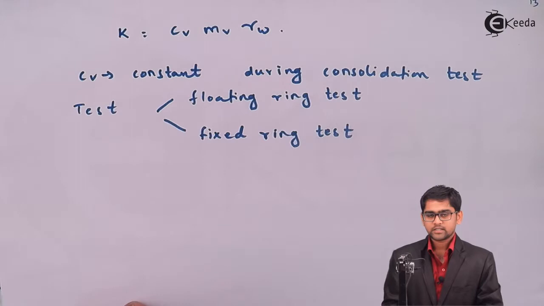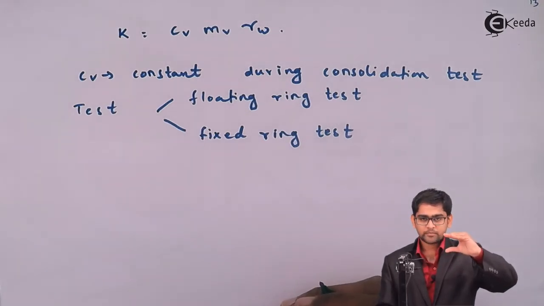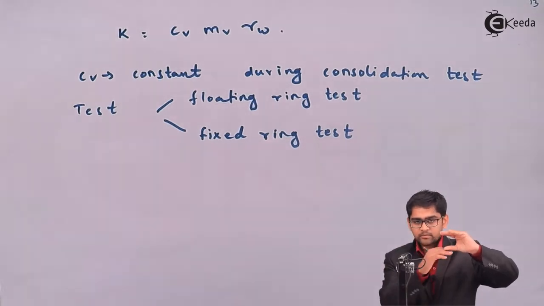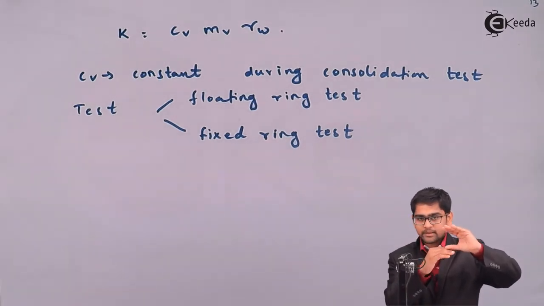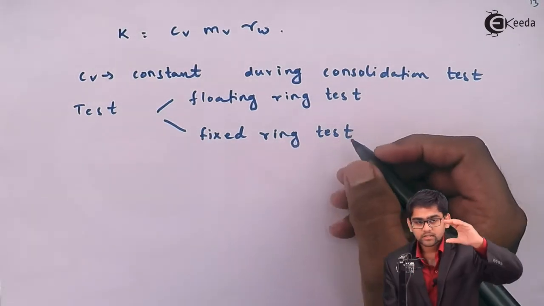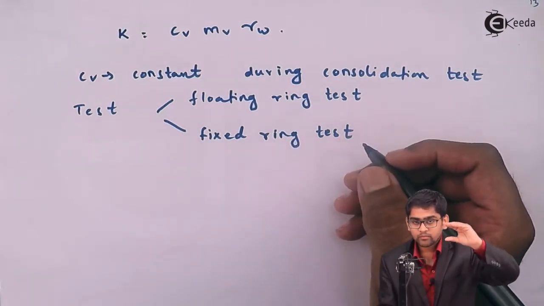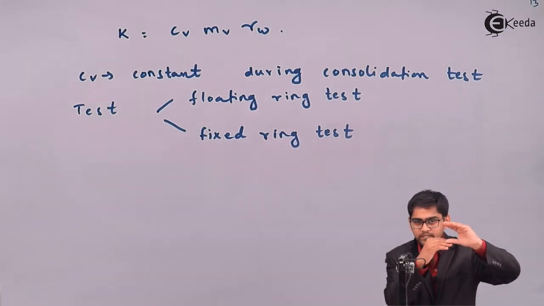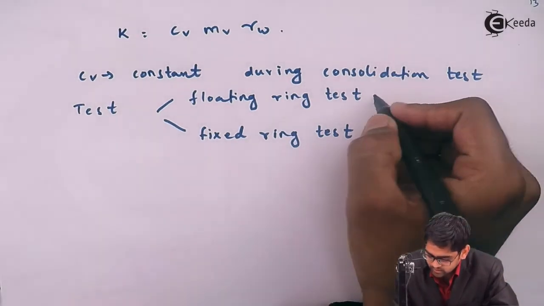In the floating ring test, the sample is squeezed or compressed from both the ends, while in the fixed ring test the bottom part of the sample is kept constant. The bottom part is not allowed to be compressed, only the compression takes place from the top side. So in the floating ring test the sample is compressing from both the sides, while in the fixed ring test the sample is not compressing from the bottom, it is only compressing from the top. So I'll write it over here.